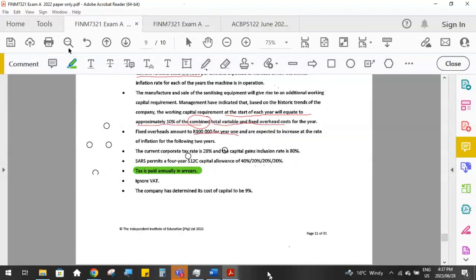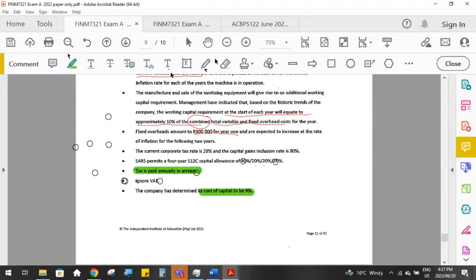Under year 2 you would have year 1's tax liability. Under year 3, year 2's tax liability, and you would have to have a year 4 column that you could put year 3's tax liability under that column. Ignore that, and cost of capital is 9%.